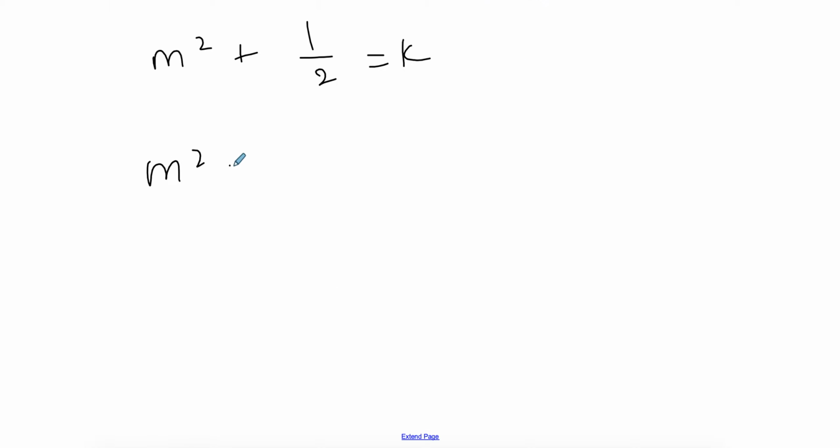Moving things around, I'm going to have m squared minus k equals to a half.